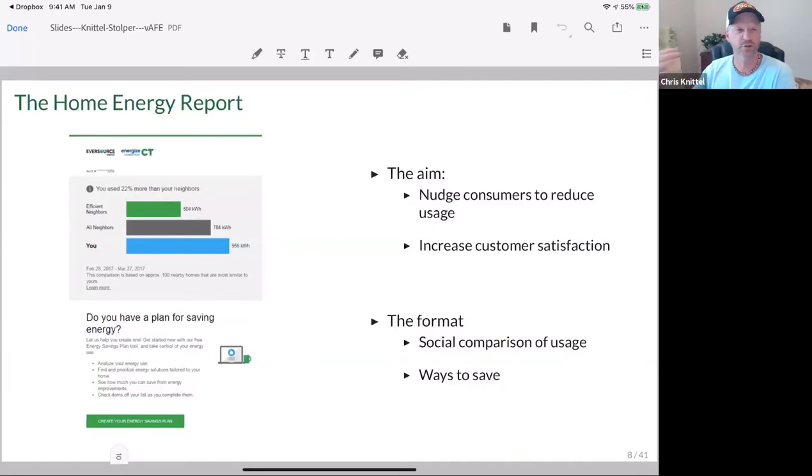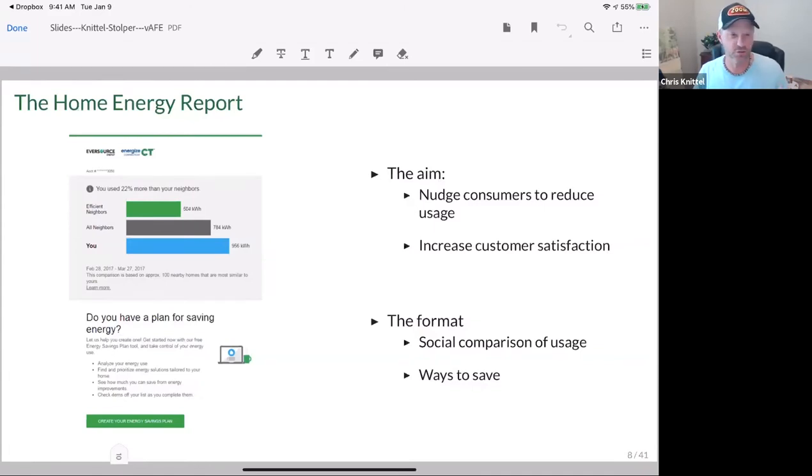If you were to do better than all of your neighbors but worse than the efficient neighbors, you would often get one happy face. If you were to do better than both the all neighbors and the efficient neighbors, you would get two happy faces. Early on, O-Power put a frowny face in this case, but there was so much backlash that they got rid of that policy.